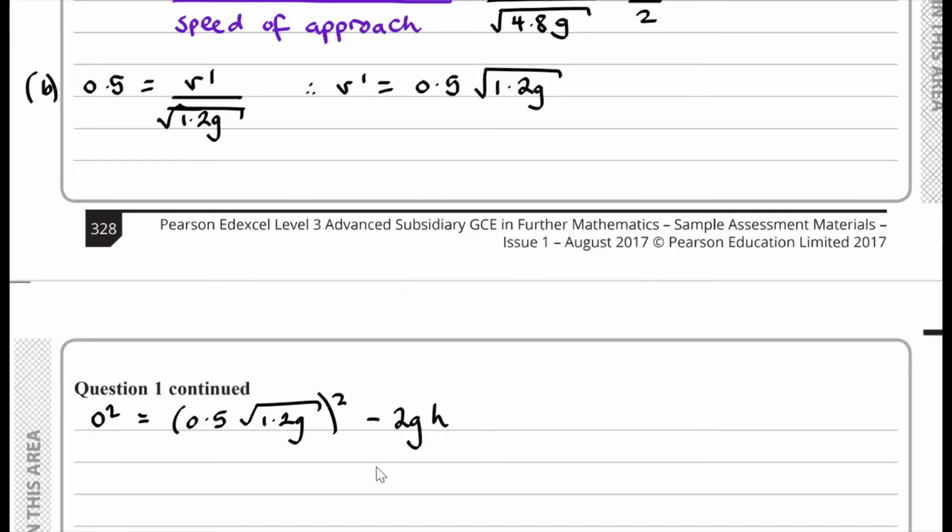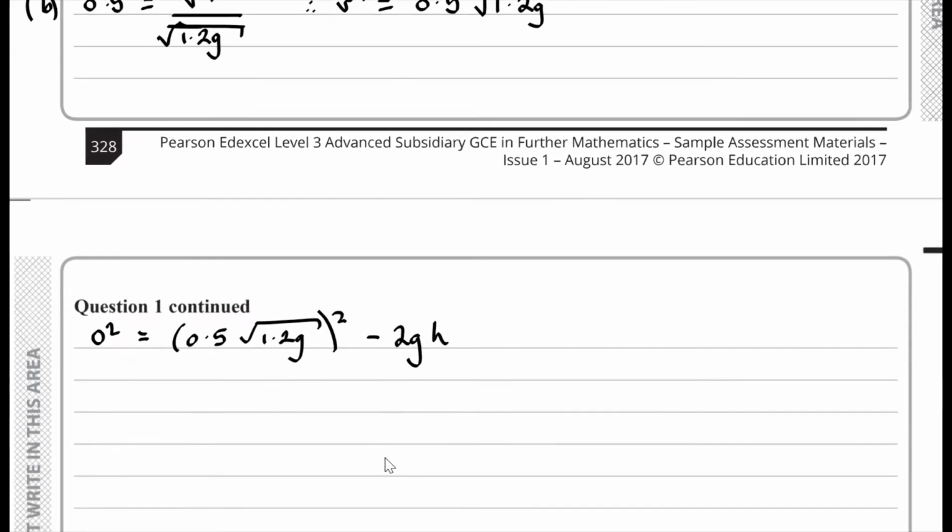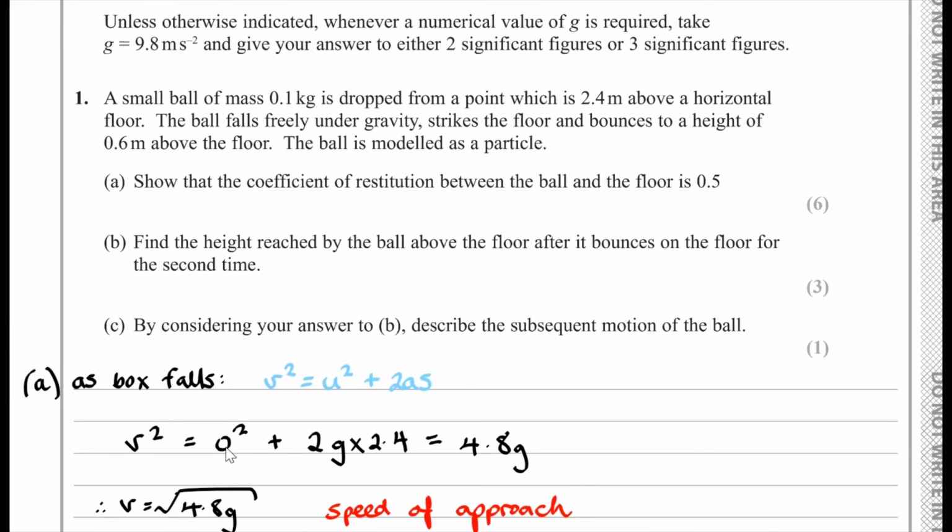We're finding h as well. So we have 0 squared equals 0.25 times 1.2g minus 2gh. The g's can cancel, hopefully you can see that, and therefore if we rearrange, h is equal to 0.15 meters. Hopefully that's straightforward.